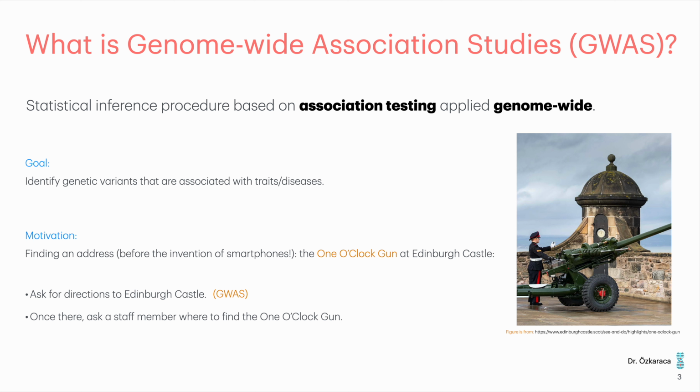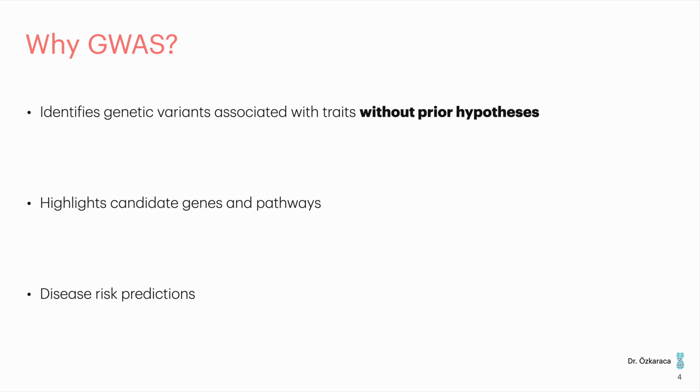This is because not everyone may be familiar with the 1 o'clock gun, but more people are likely to know about the Edinburgh Castle, where the gun is located. Similarly, GWAS is an initial step to detect vital locations of the genome that are associated with the trait of interest. The goal of GWAS is ambitious yet straightforward. It is to identify genetic variants contributing to traits and disease of interest.